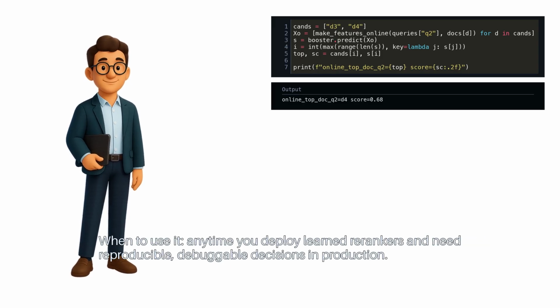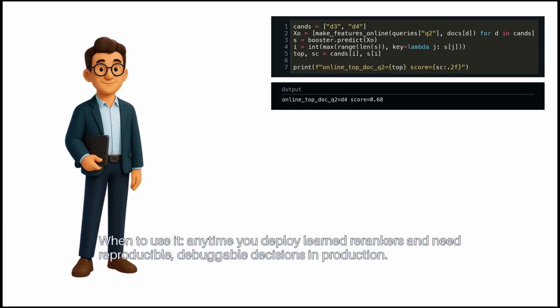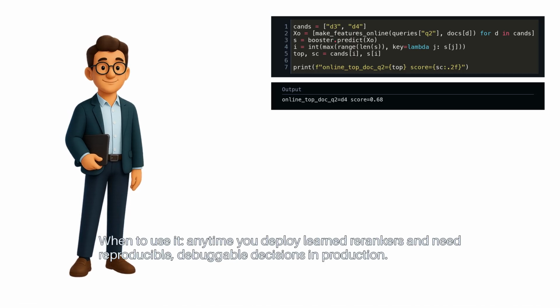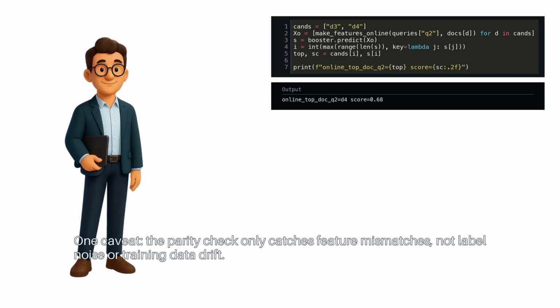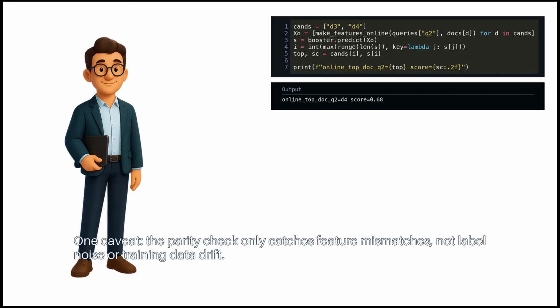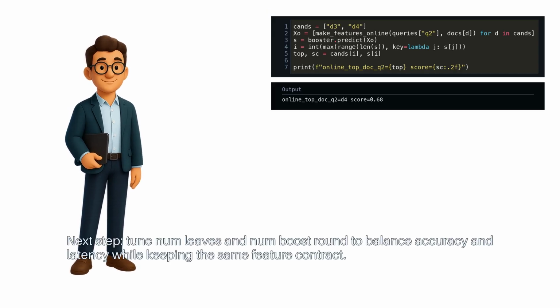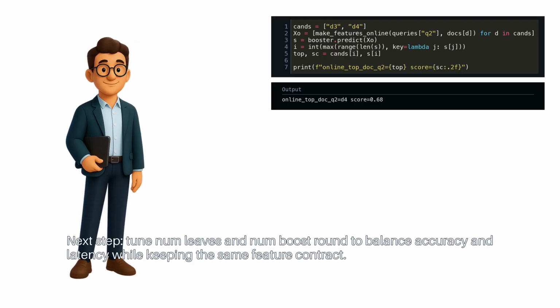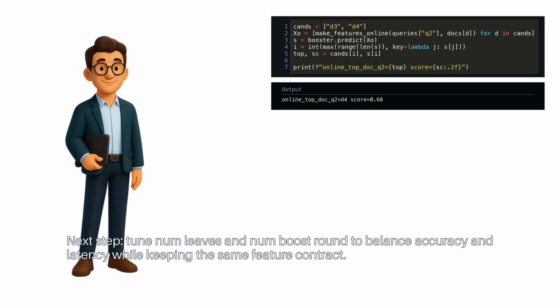When to use it: anytime you deploy learned re-rankers and need reproducible, debuggable decisions in production. One caveat: the parity check only catches feature mismatches, not label noise or training data drift. Next step: tune num leaves and num boost round to balance accuracy and latency while keeping the same feature contract.